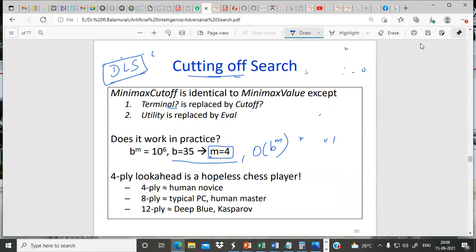So this is some observation. A normal human in a chess game can think up to this level, up to 4 ply. Ply means half move. A typical human can think up to his next 4 moves. If I make this move, then the opponent makes this move.